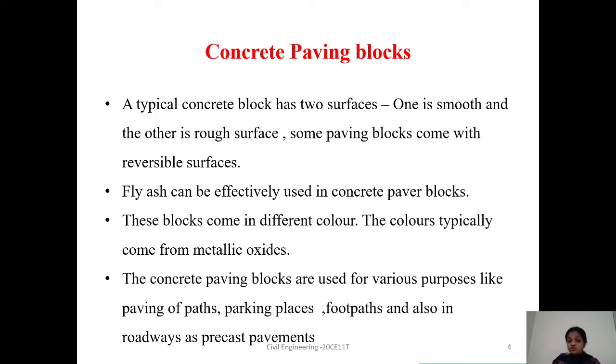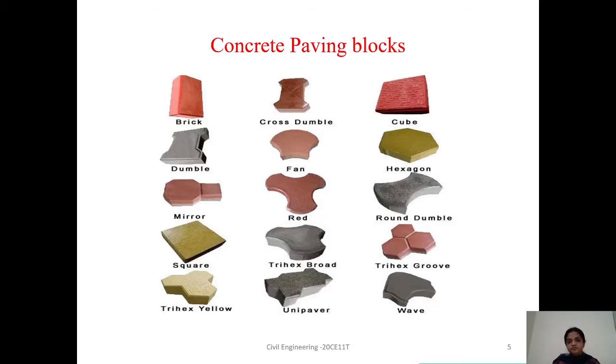But while choosing the color blocks, we should be very careful as it may fade in future and the blocks appear to be dull. The concrete paving blocks are used for various purposes like paving of paths, parking places, footpaths, and also in roadways as precast pavements.